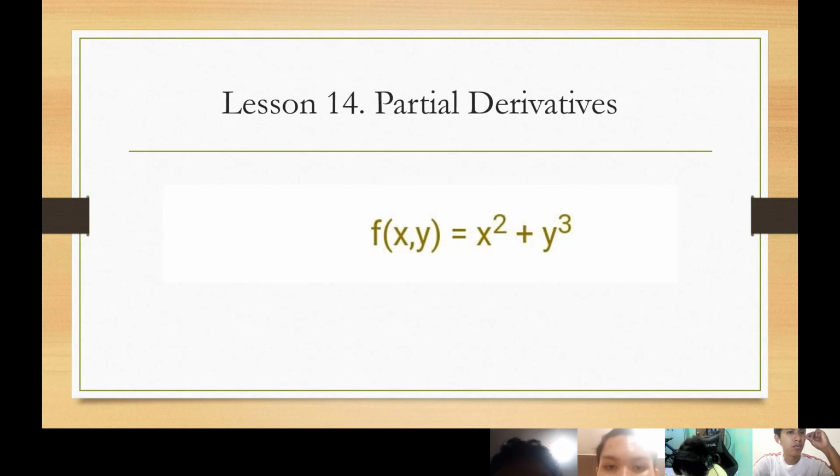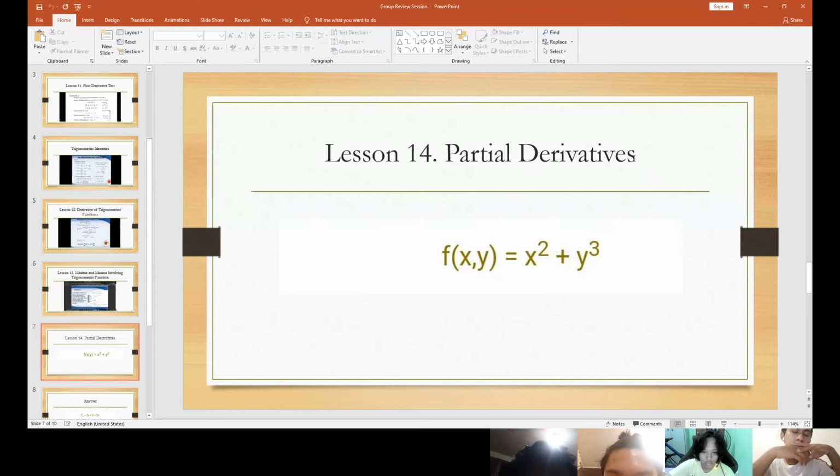So, hahanapin natin yung partial derivative f with respect to x, pati yung partial derivative f with respect to y. Madali lang naman to. Kapag partial derivative f with respect to x, yung y yung constant. Tapos kapag y ang hahanapin, yung x naman yung constant.